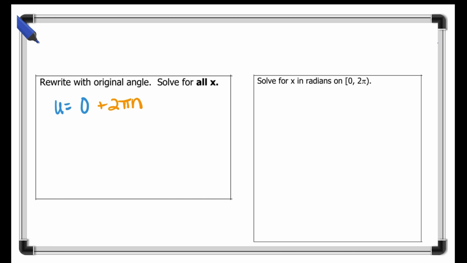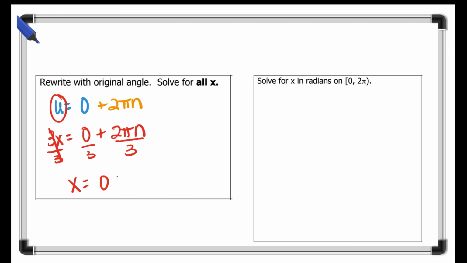I remember that my original angle was 3x, and when I solve for x, I'm going to divide everything by 3. So x is equal to 0 plus 2 over 3 pi n. Those are my answers for all of x.